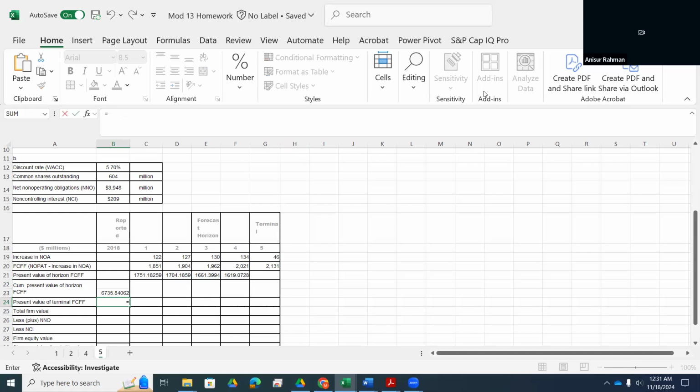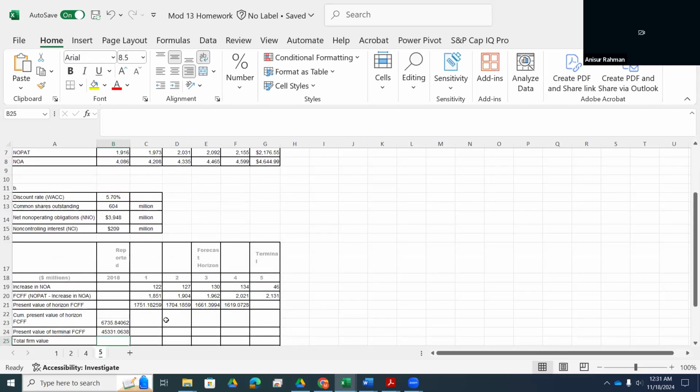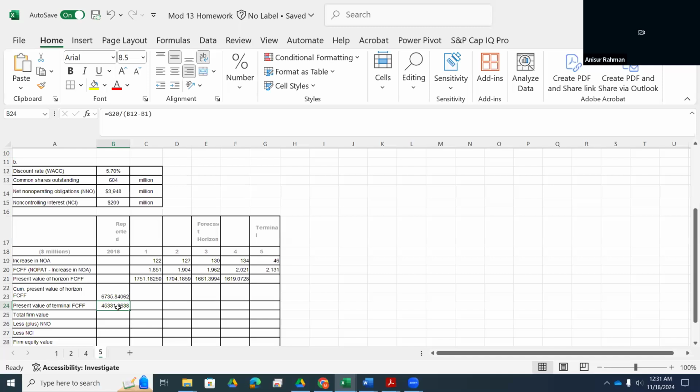So I'll take the free cash flow at the end of year 5, divide by open parenthesis, discount rate minus my terminal growth, this, close. Okay. Now this is my terminal value.